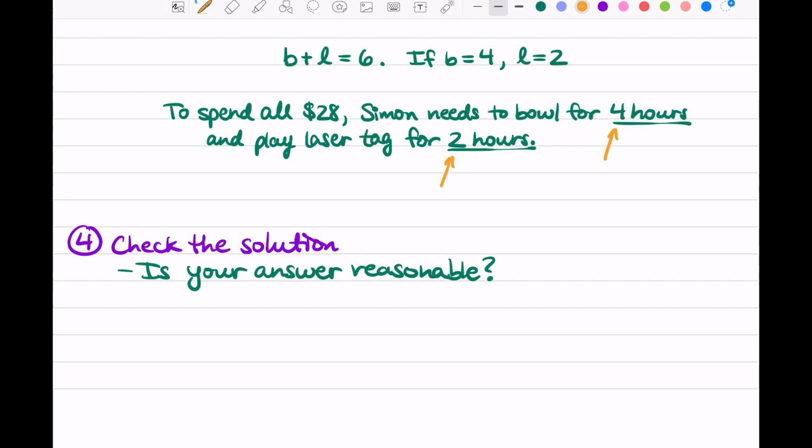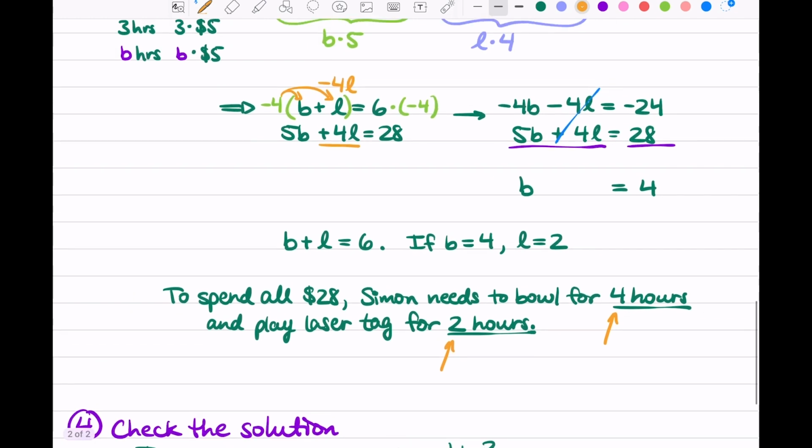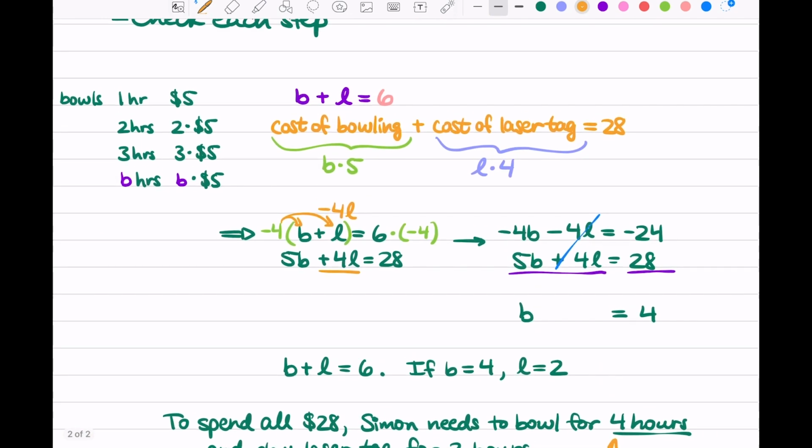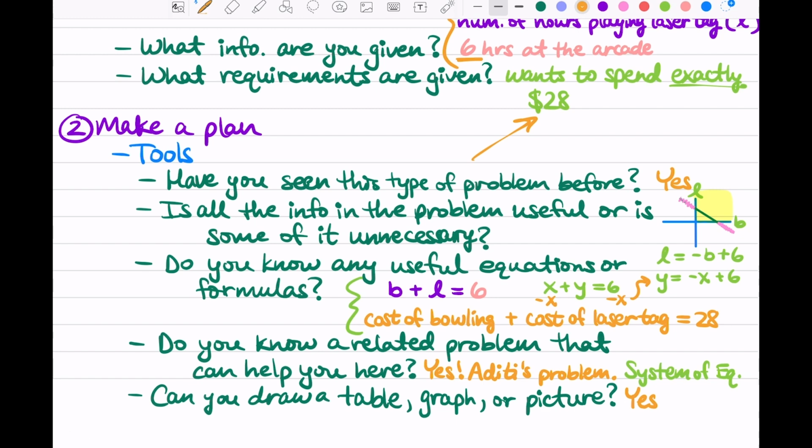If we got an answer like 10 hours or -3 hours, that means we need to look back at our work and find the error. Most likely, we've made a little mistake when we're carrying out the plan. If we can't find anything there, maybe we made an error with our actual plan. Maybe our plan could use some improvement.